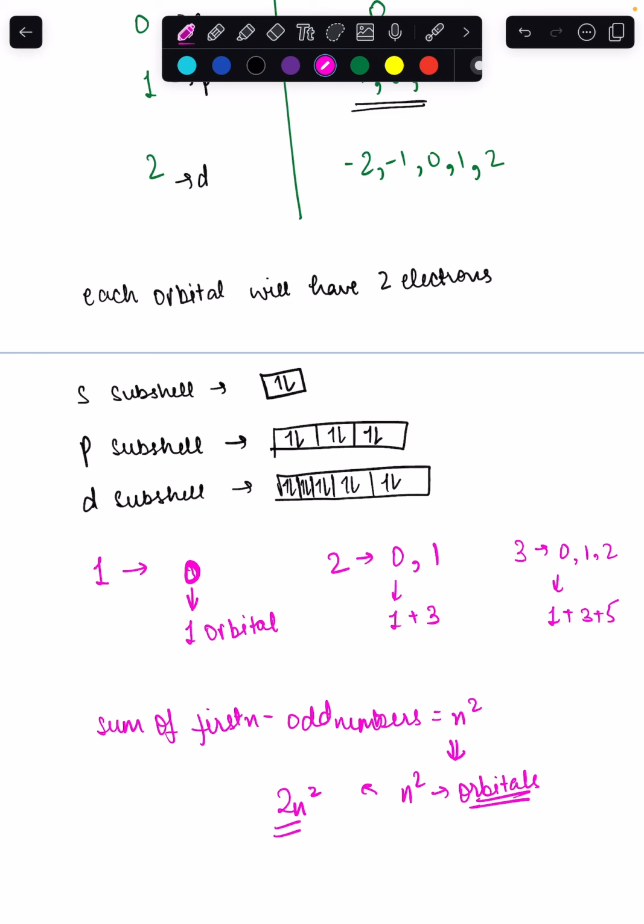Similarly, for subshells you can also do this. You can first find out the pattern that is going on, by which you will find that the number of orbitals is going to be 2l plus 1, and obviously if the number of orbitals is 2l plus 1, then the number of electrons you will get is 2 times (2l plus 1).